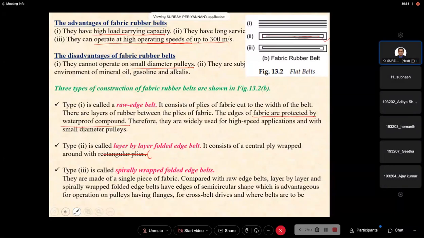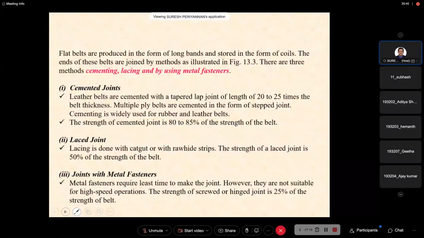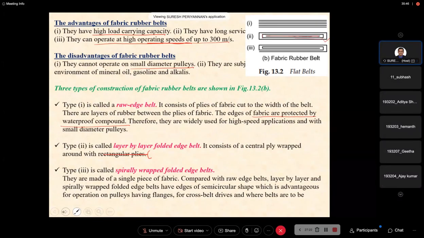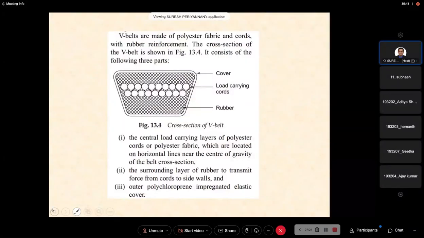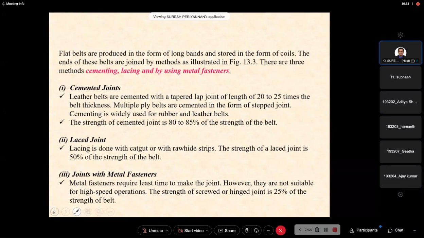Now I come to the flat belts produced from long bands. Now we are going to discuss one more thing I think I missed out. We discussed the belt, but how to connect the belt? See here, the belt thickness has standard dimensions.